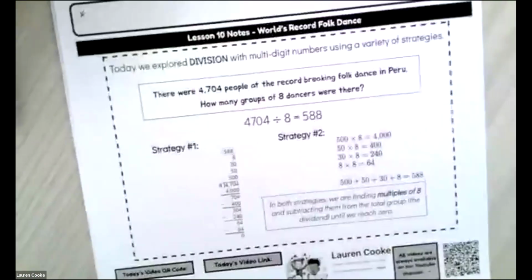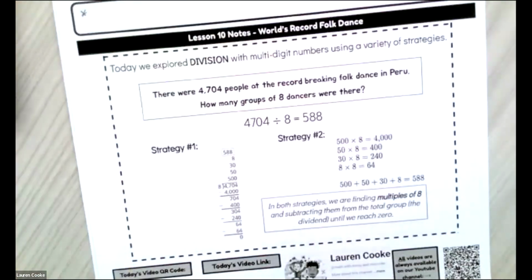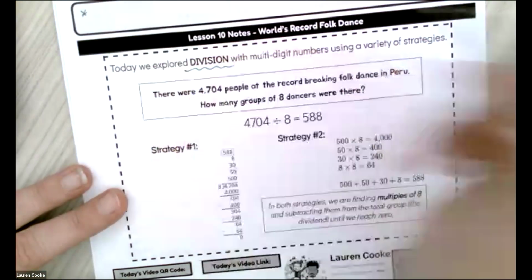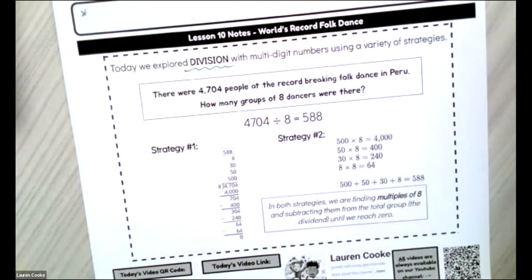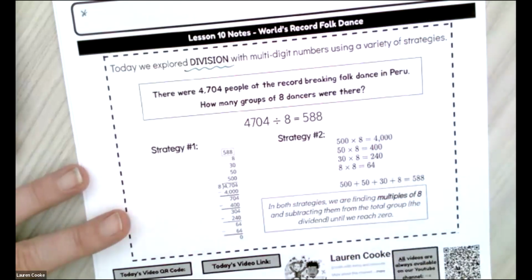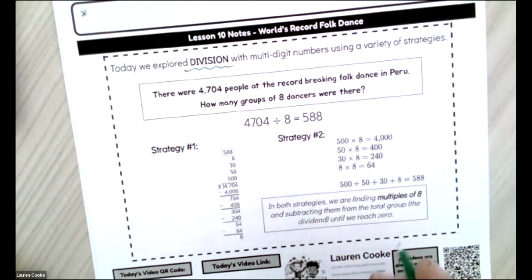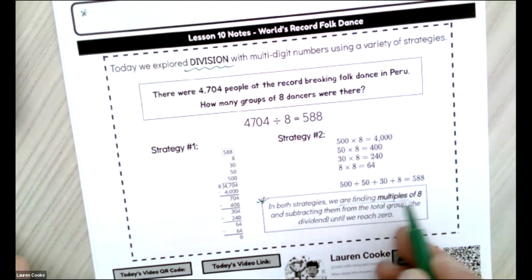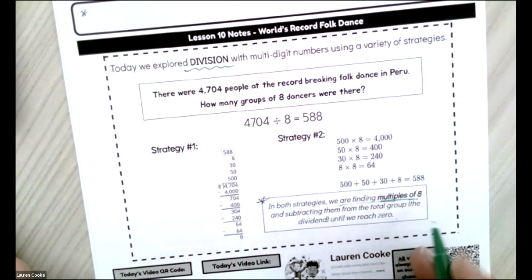Okay. This is lesson 10 notes. We were talking about division with multi-digit numbers using a variety of strategies. So far, our ultimate goal, and I hope that you're rephrasing this because that's going to help you in all math problems. In both strategies, we're finding multiples of 8 and subtracting them from the total group until we reach 0.